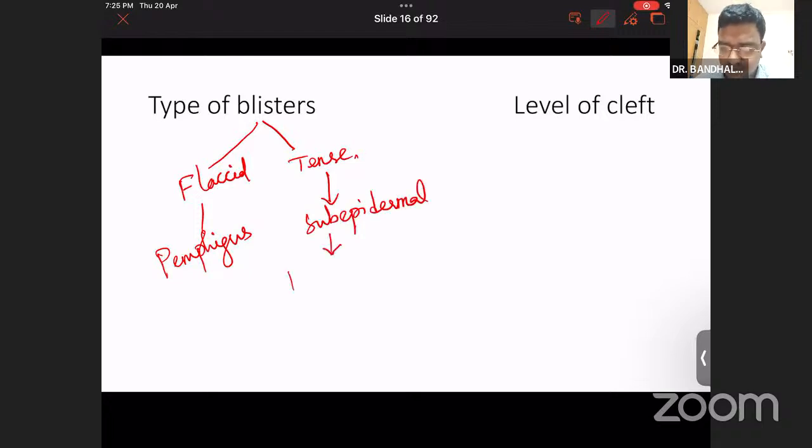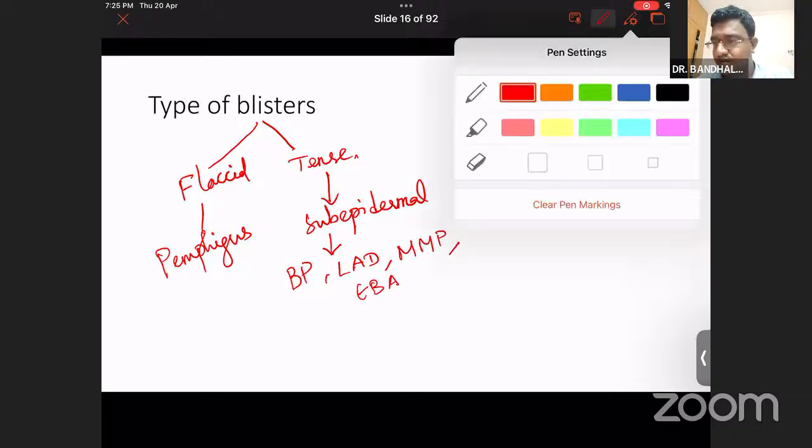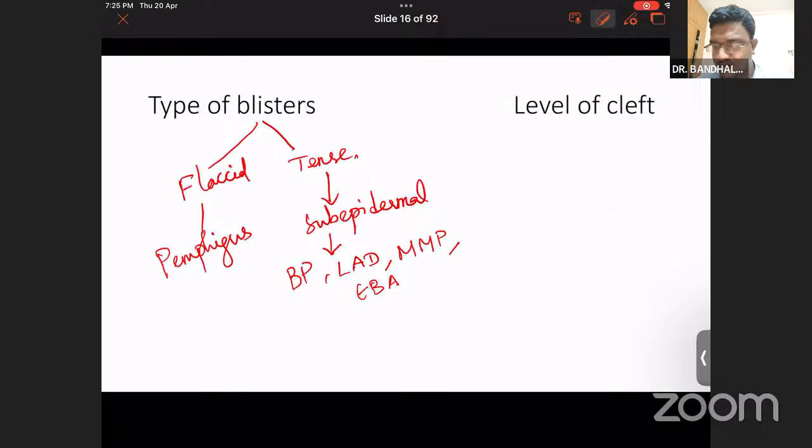Like pemphigoid, BP, linear IgA disease, epidermolysis bullosa acquisita, etc. Mucous membrane pemphigoid. Linear IgA disease.